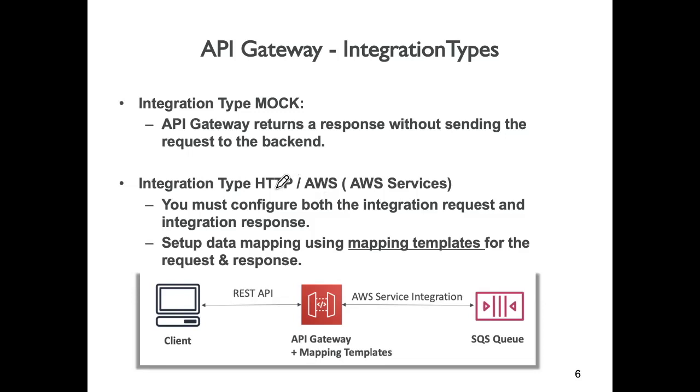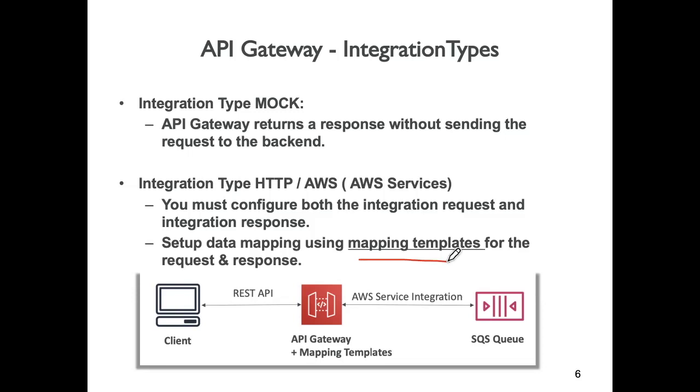If your integration is of this type, what API Gateway needs to do is transform the HTTP request into another form that is suitable for your backend. That transformation is expressed using what are called mapping templates. So you have to create these mapping templates. It's a form of code, really, but it's declarative rather than imperative code.